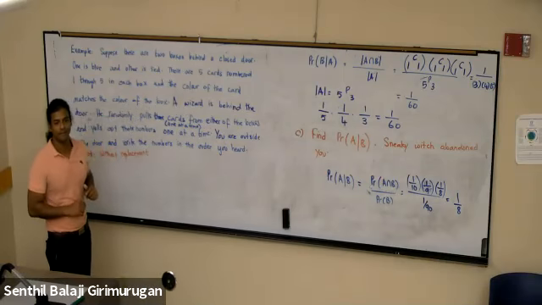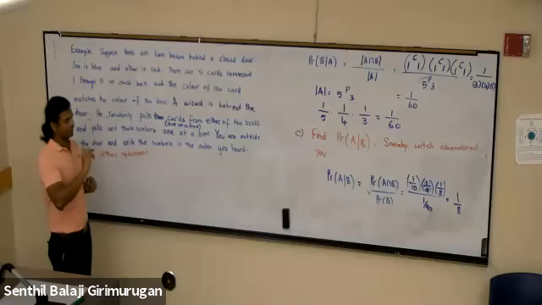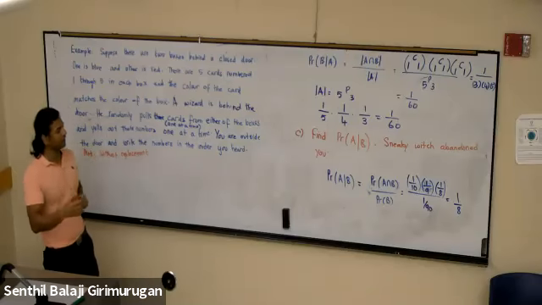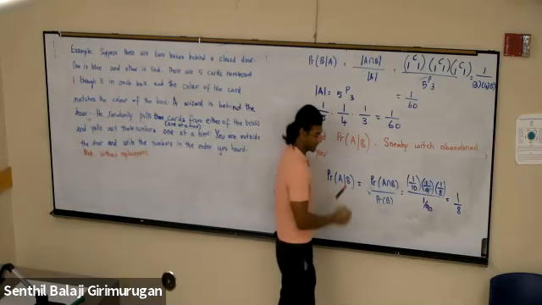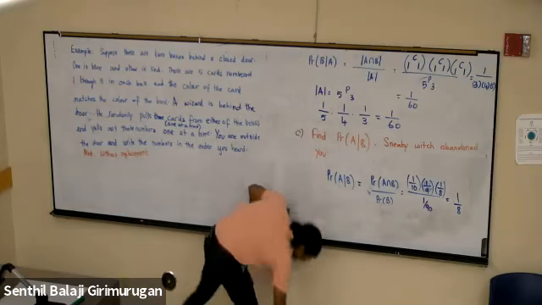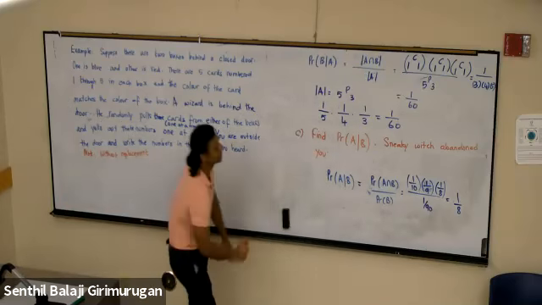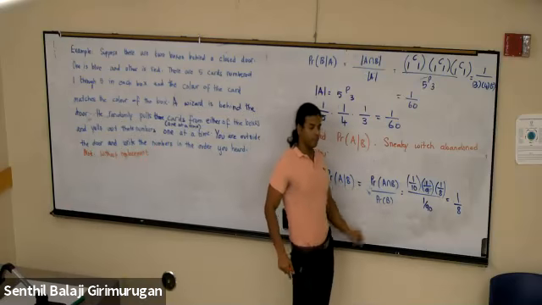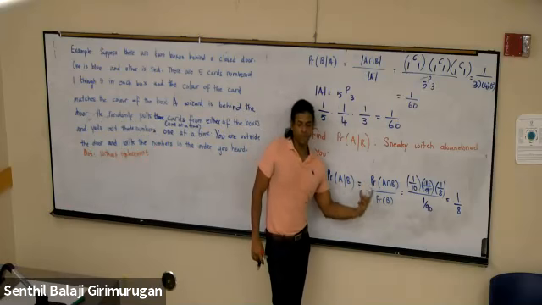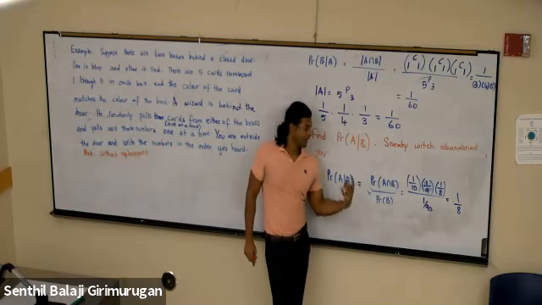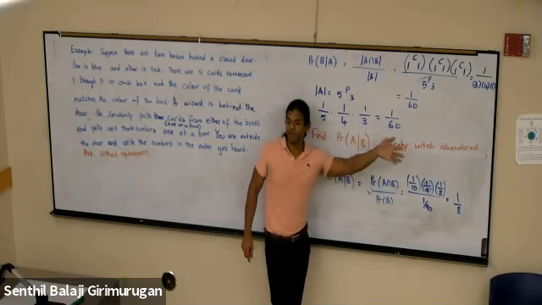Does that make sense? Some of you did it directly, using logic, and that's fine. But I want you to use this formula: probability of A intersect B over probability of B, because this particular formula can be expanded to multiple events.